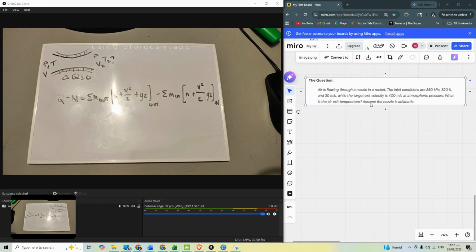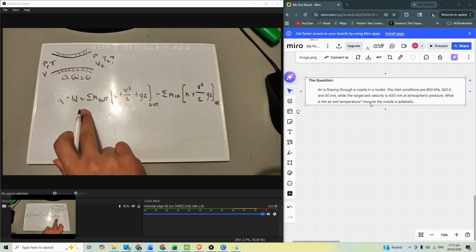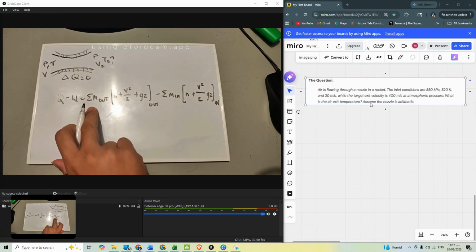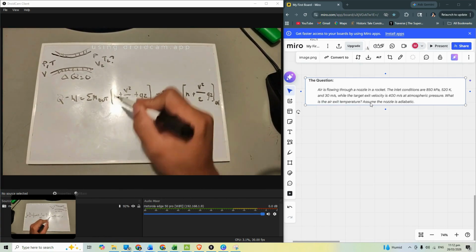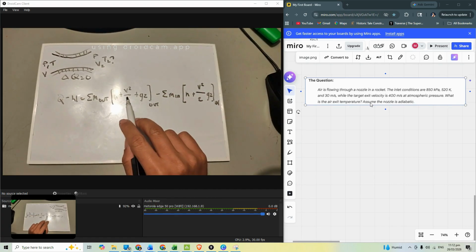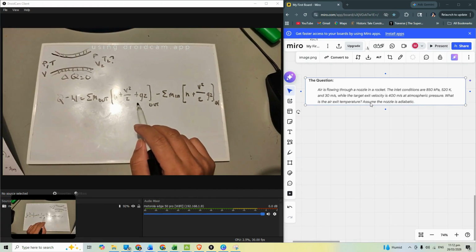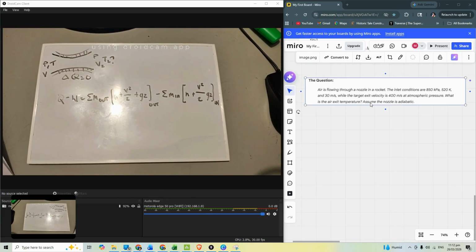Okay, so this is our general formula. So heat minus work is equal to summation of m out, mass out, and this is h, our enthalpy, plus v squared over 2 plus gravity.